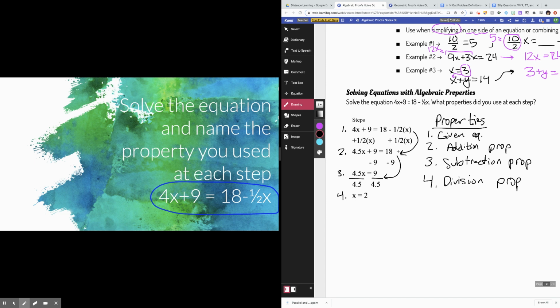Now, the cool thing about writing a proof is that you don't actually have to show all of this work right here. I could eliminate all that work and just go from this first equation to the second, to the third, to the fourth.